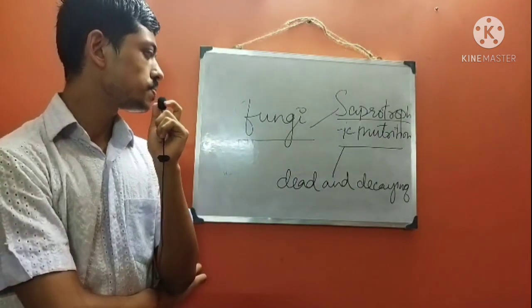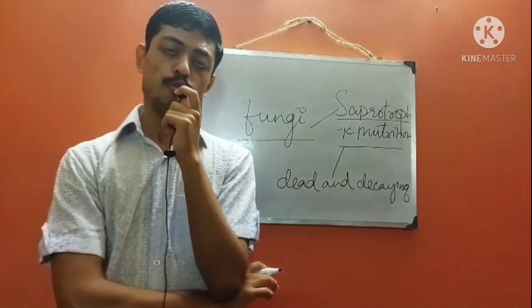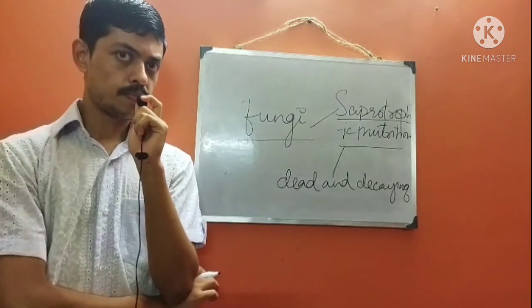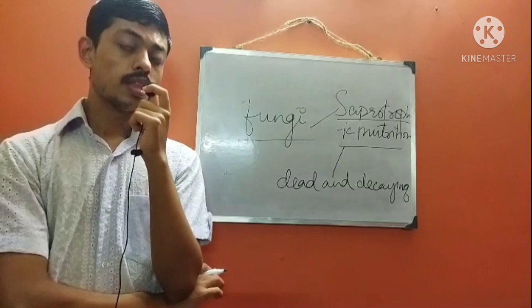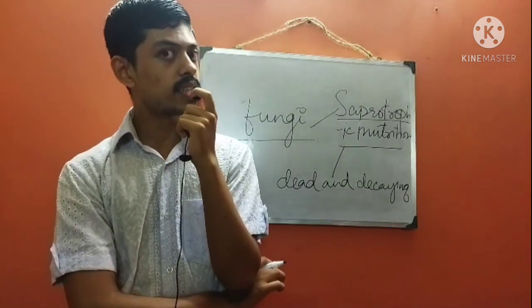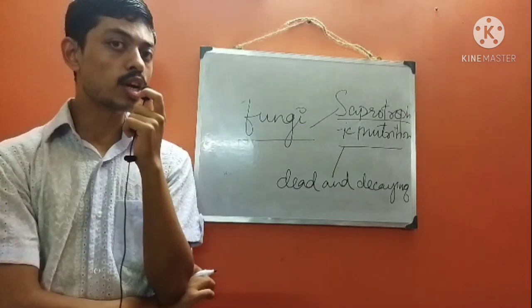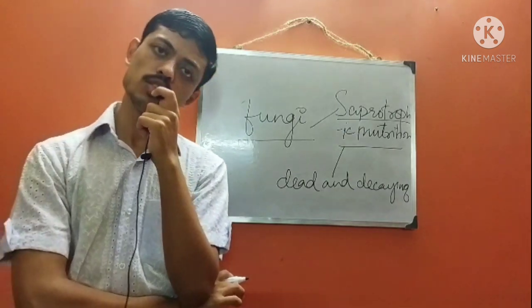Fine. In the case of bread, the decaying matter is the bread itself, on which the fungi grow and derive their nutrients.